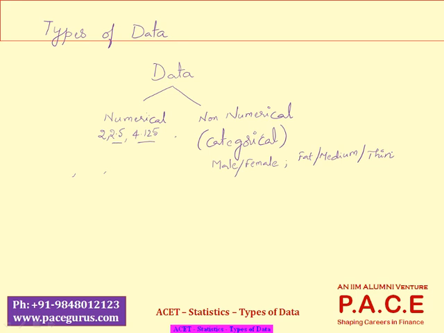Alright. Now, once I look at numerical data, we have two more subdivisions inside that numerical data. The numerical data, I split into two categories. One is the discrete data and the other one is continuous.